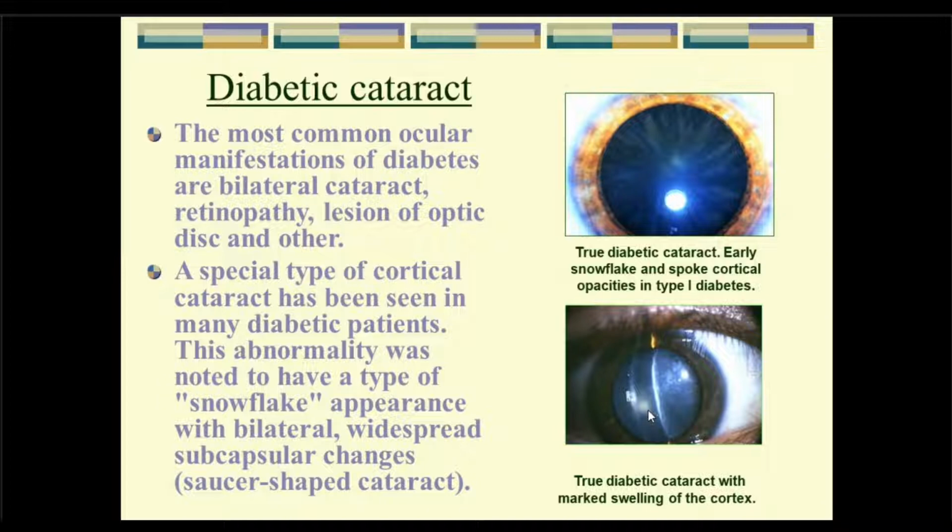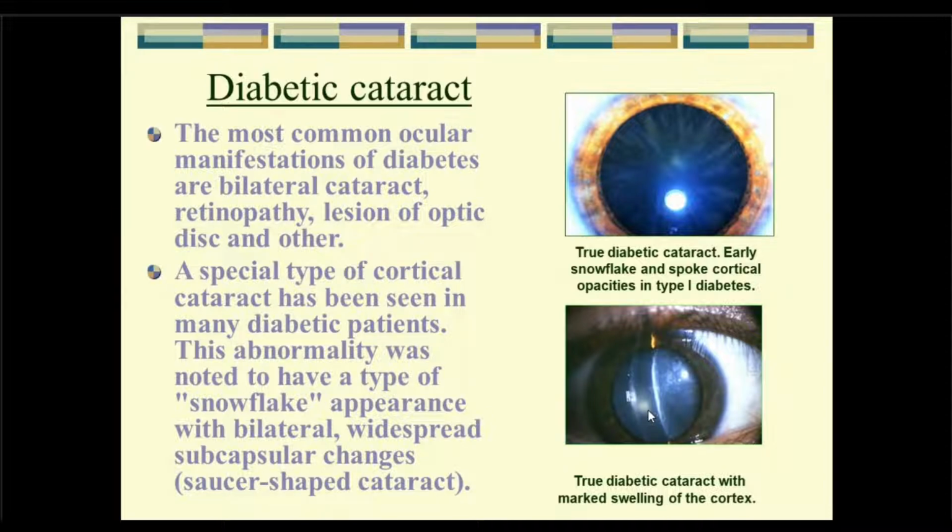I hope you know that a lot of people in old age have diabetes mellitus. But when they have cataract, we don't say that this is a true diabetic cataract. It's just age-related or senile cataract in a patient with diabetes mellitus.